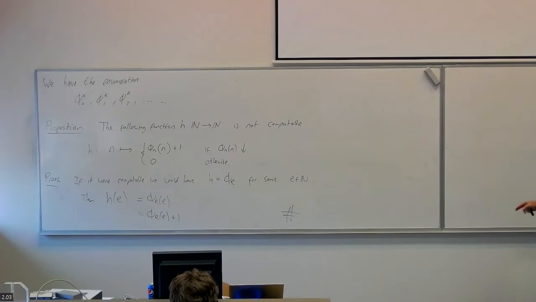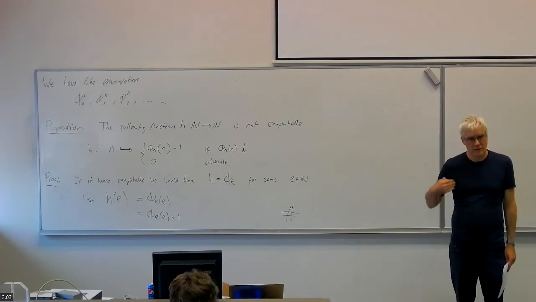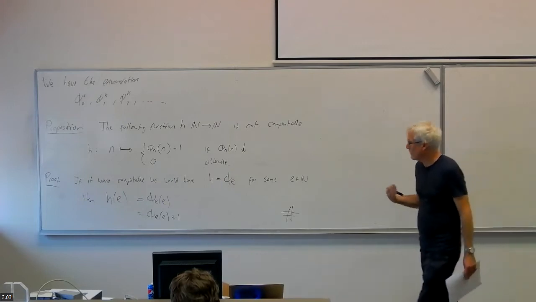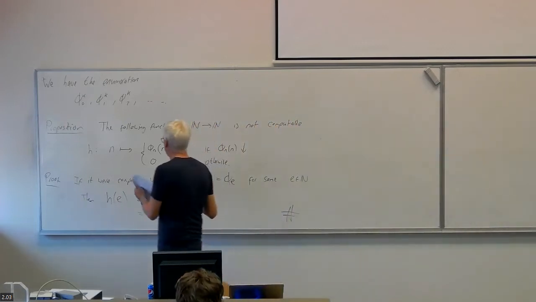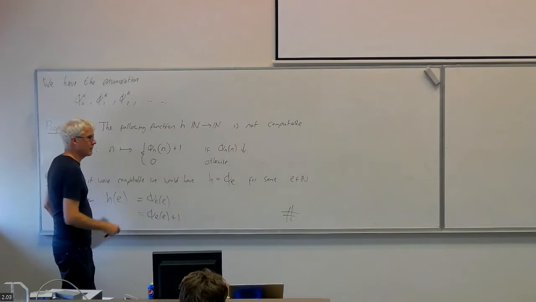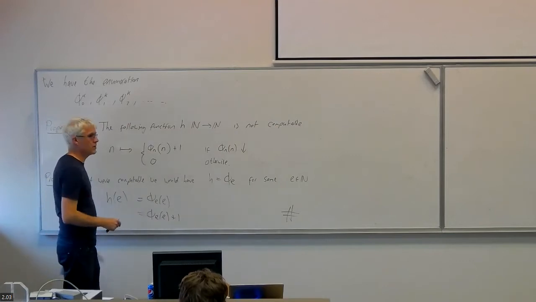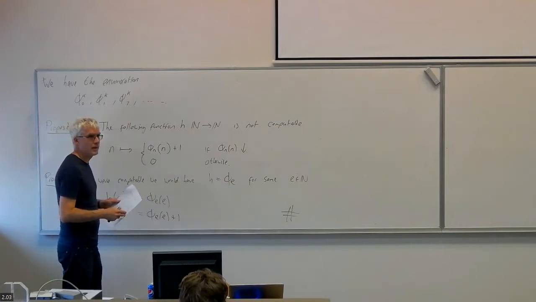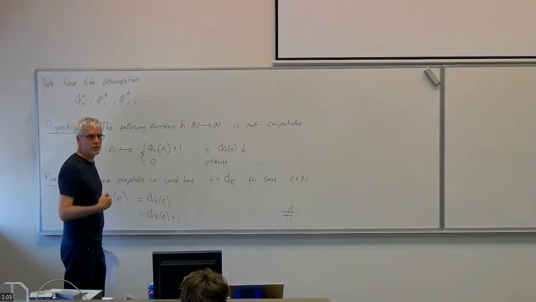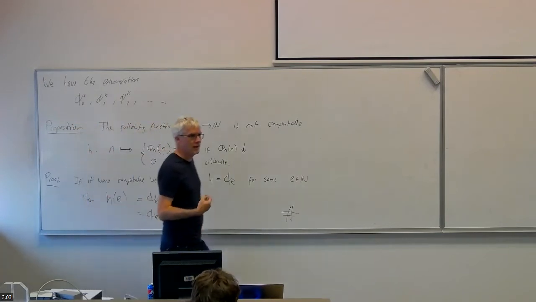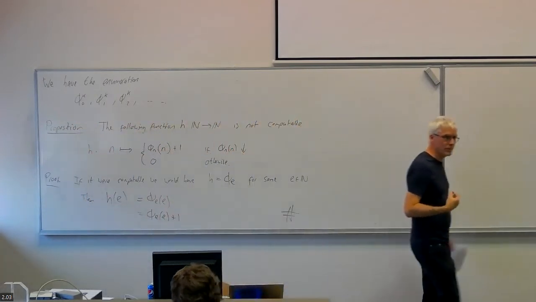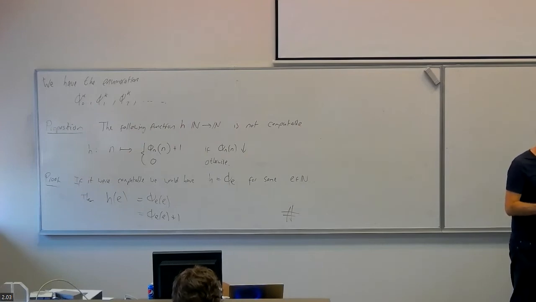The next thing we did in lecture 2 was discussion of the universal Turing machine. We don't have Turing machines now in the model. We want to think about just computable partial functions. What we have instead of a universal Turing machine is a universal computable partial function, or actually a family of universal computable partial functions, one for each arity.